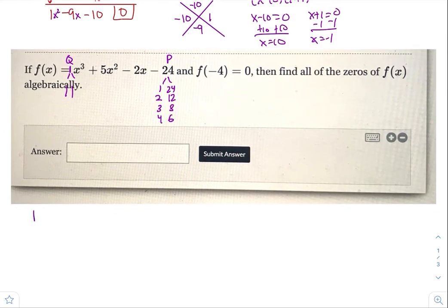So our p over q list: we got plus or minus 1, 2, 3, 4, 6, 8, 12, and 24, all over plus or minus 1. So our list is all of those divided by 1, which would just give us all of those back.